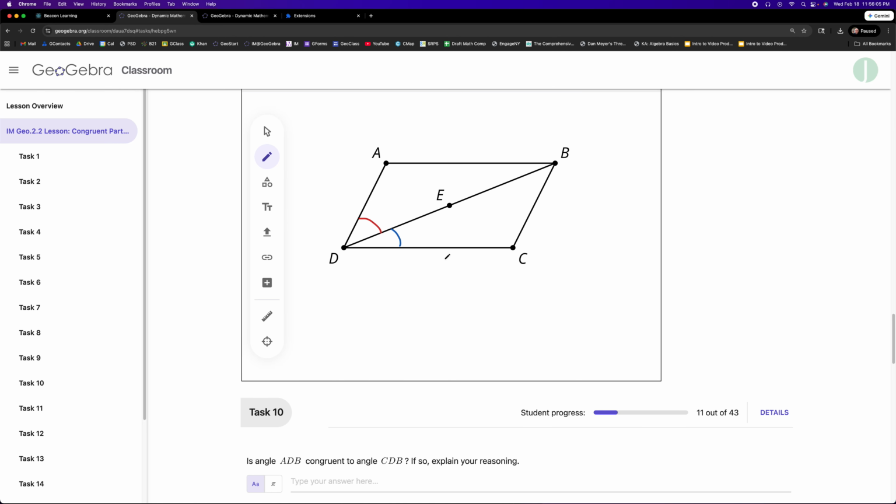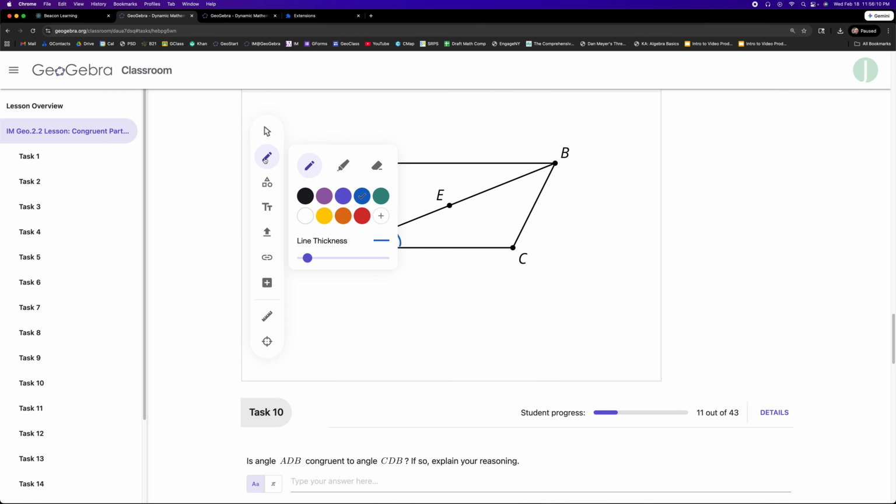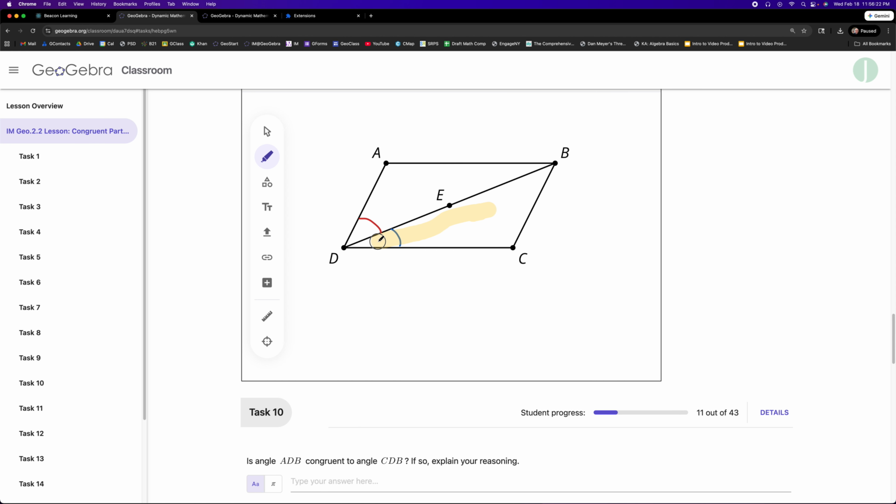If I took this triangle over here, which maybe I'm wondering if I can color in, if I go to highlighter and go to here like this, right? So this triangle here, if I took this triangle and I rotated it around 180 degrees around point E, right there, where would the various points land?